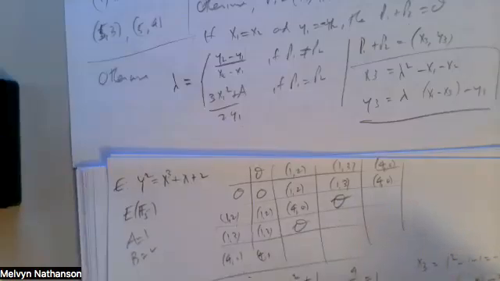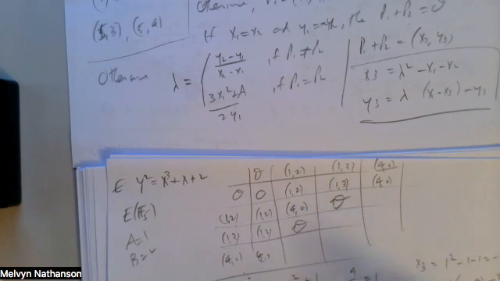That's 1 minus 5, minus 4, which is 1. y3 is lambda, which is 1, times x1 minus x3, which is 1 minus 1, minus y1, minus 2.